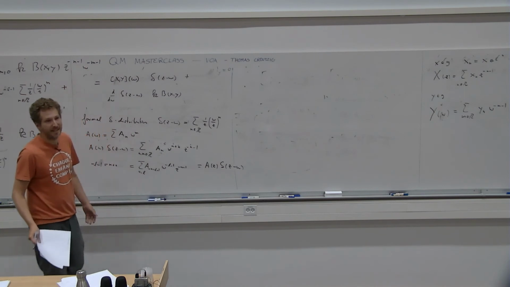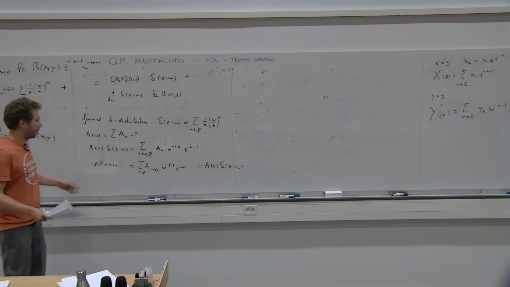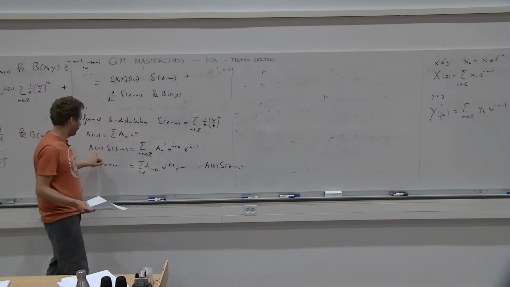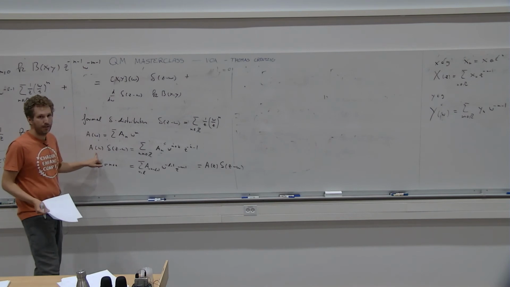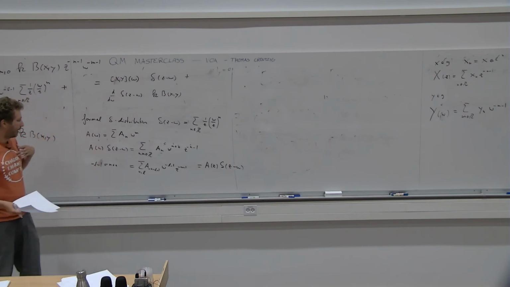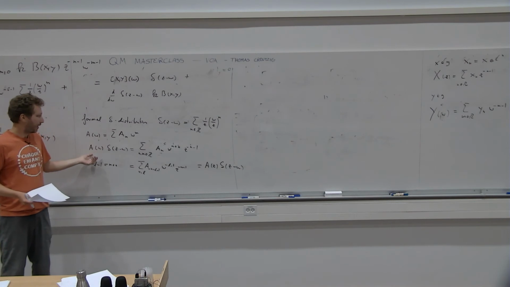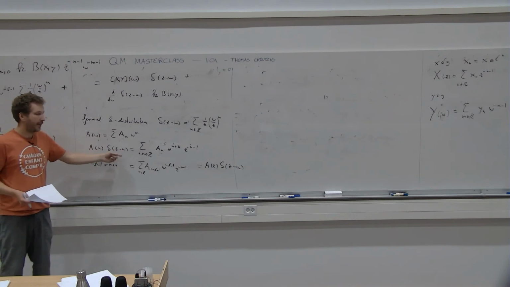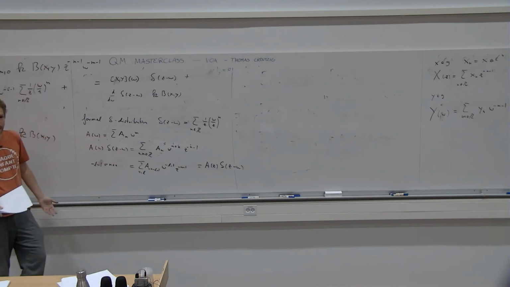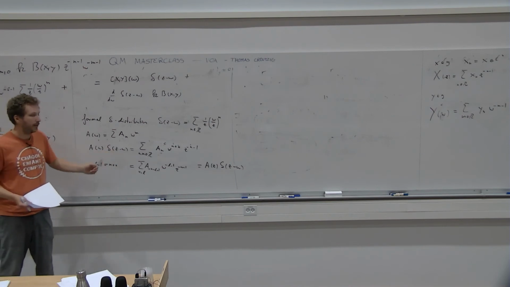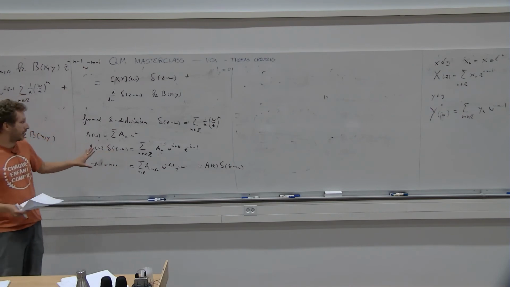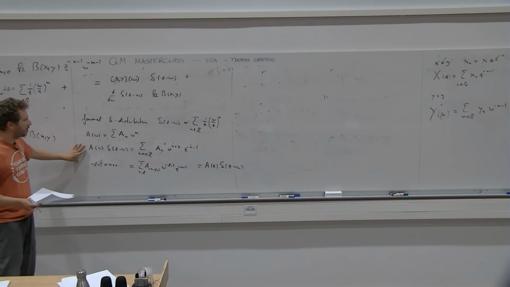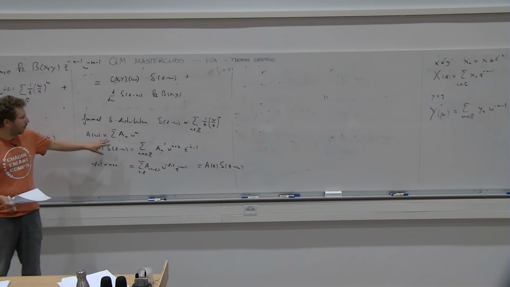But this is exactly what you want the formal delta distribution to satisfy, right? If you multiply by something in one variable, it's the same as multiplying it by the same expression in the other variable. So in this sense, it satisfies the property of a delta distribution, but now on formal power series.